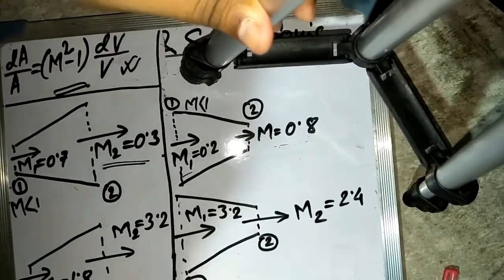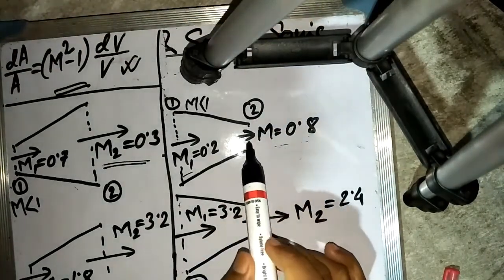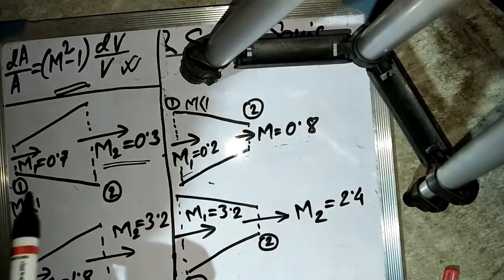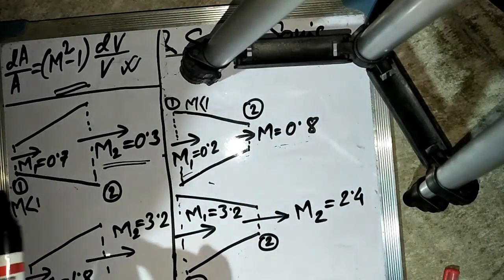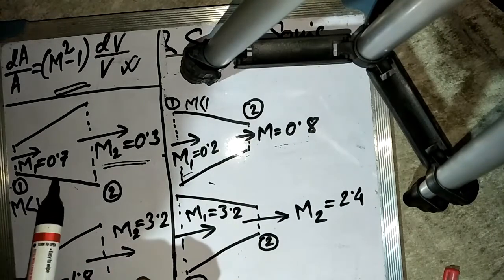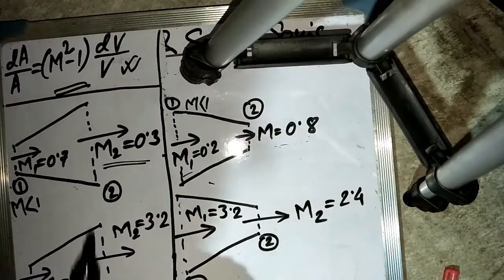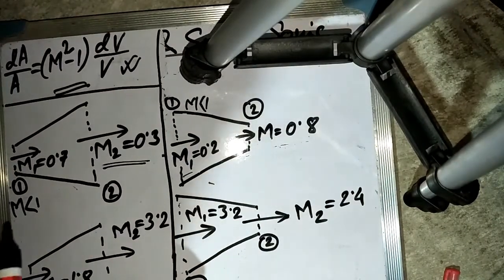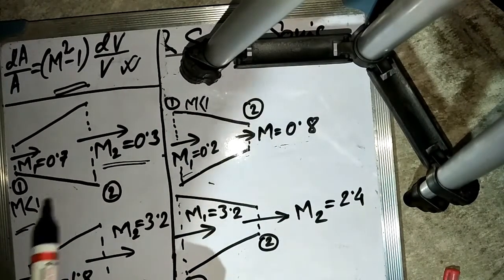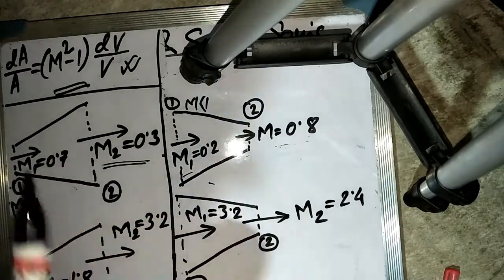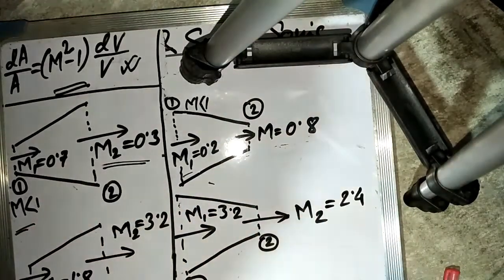For a convergent type duct in case of subsonic flow, it acts as a nozzle, and for a divergent type duct in subsonic flow, it behaves as a diffuser, as the Mach number decreases.